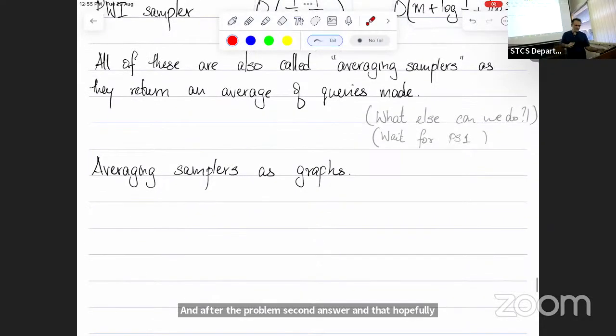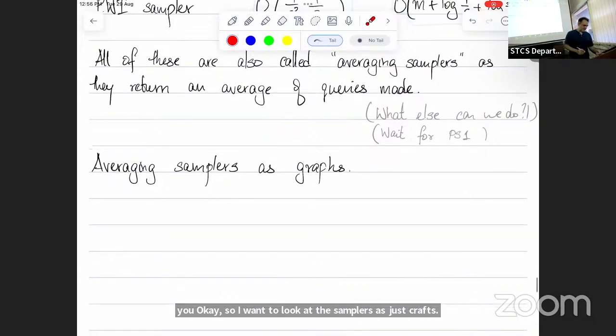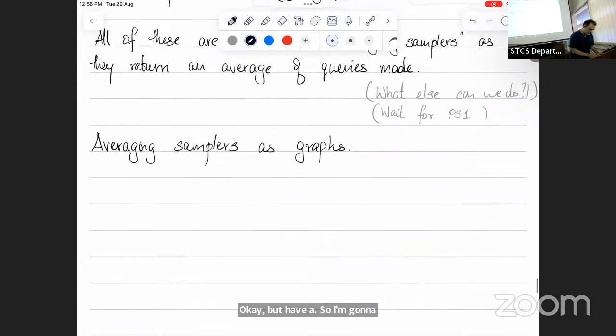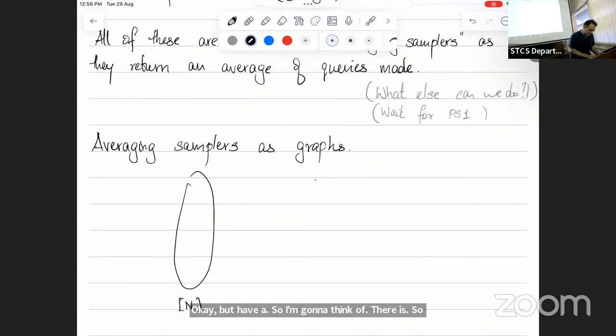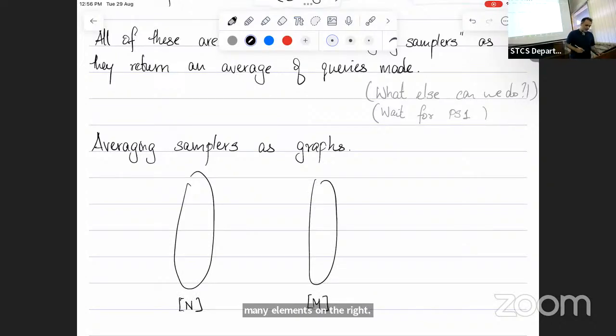Yeah. So I want to look at these samplers as just graphs. I'm going to think of there being n elements on the left, and then m vertices on the right.